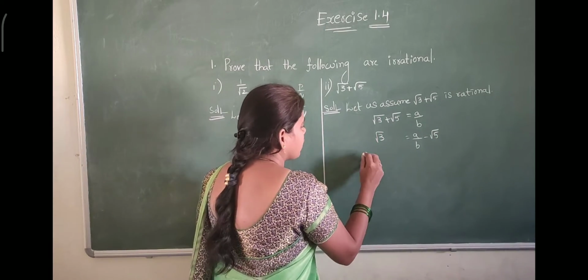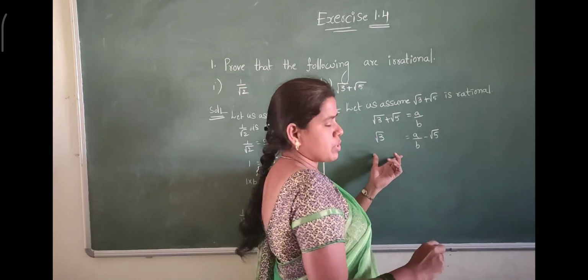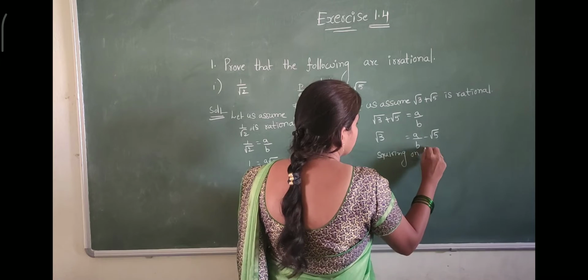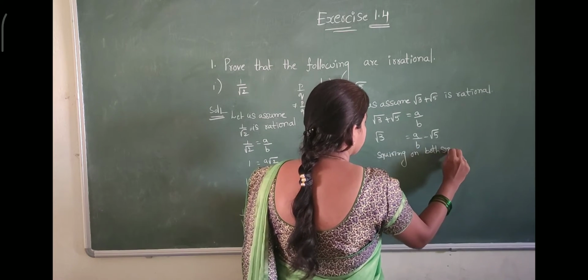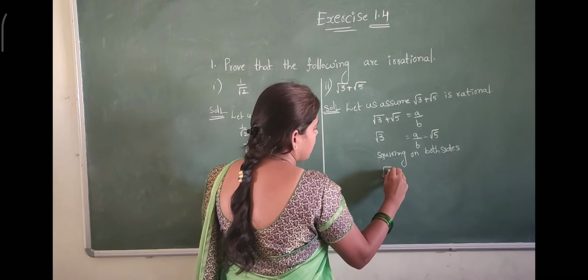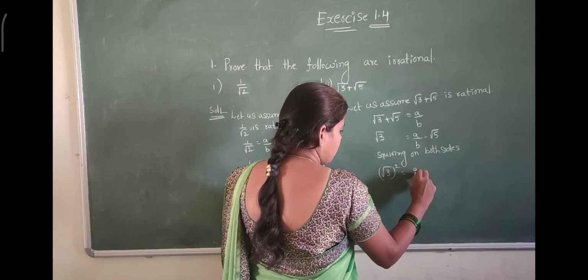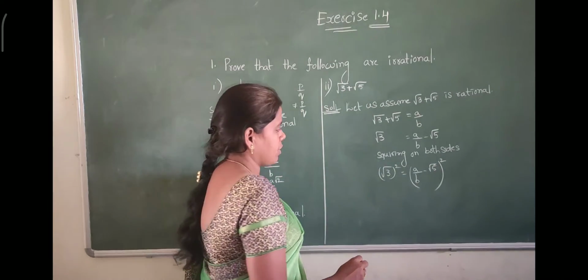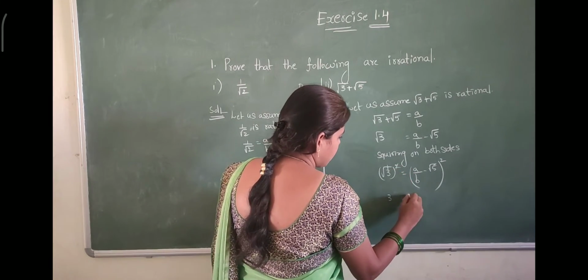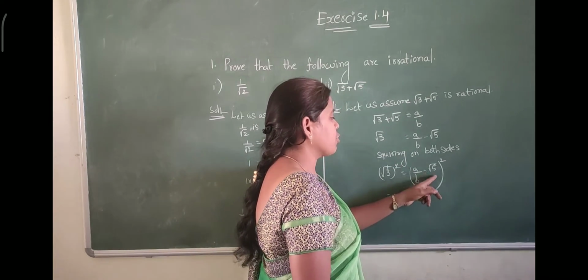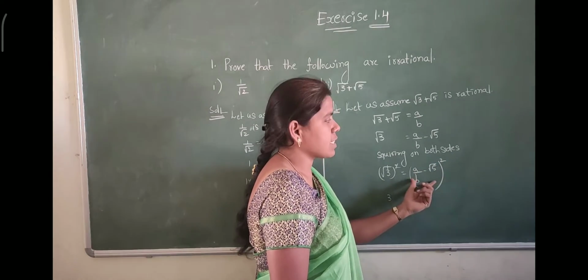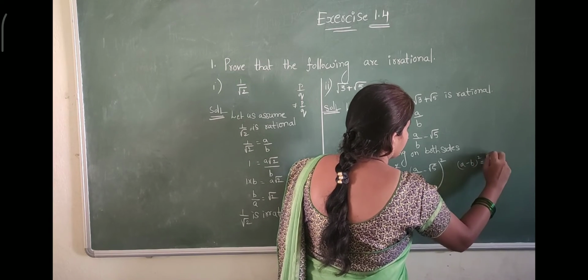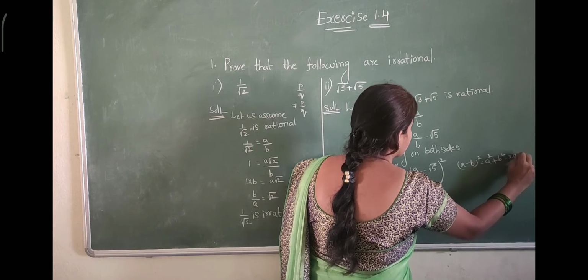Okay. Now we are squaring on both sides. What will you get? Root 3 whole square is equal to a by b minus root 5 whole square. Square and square root cancel. 3 is equal to a by b minus root 5 whole square. If you observe, this is in the form of a minus b whole square. a minus b whole square is equal to a square plus b square minus 2ab.